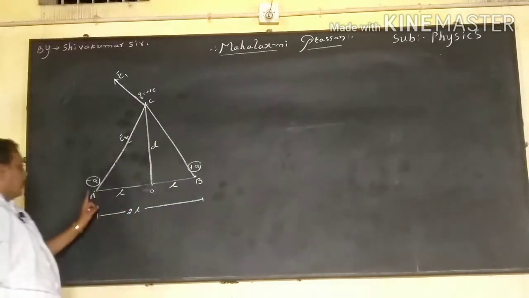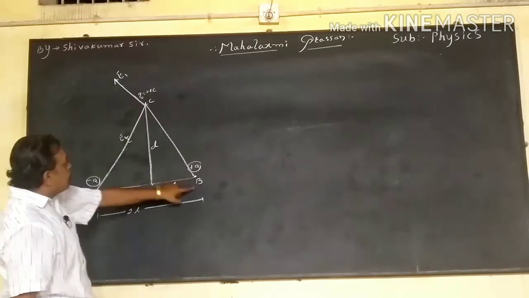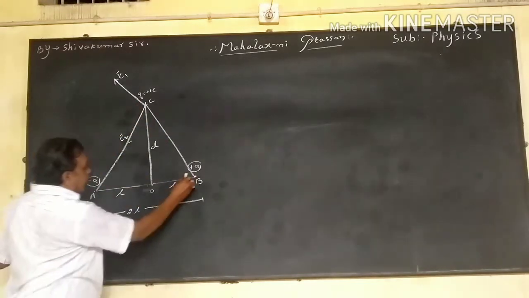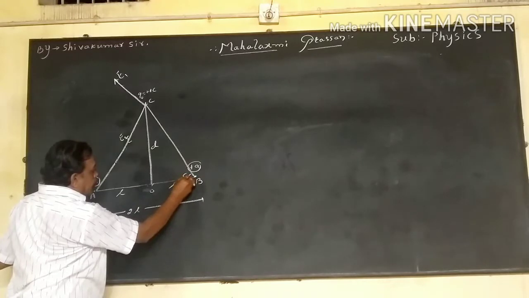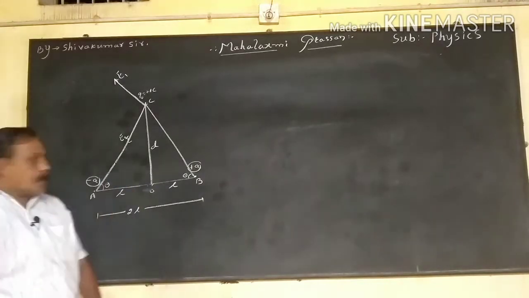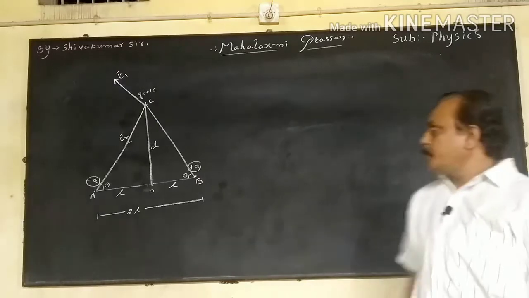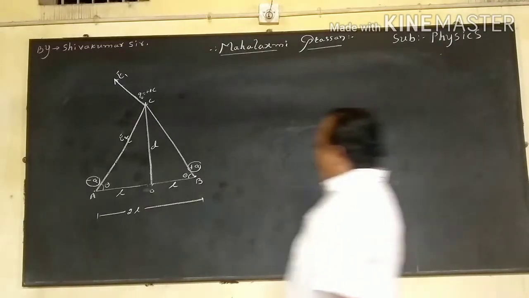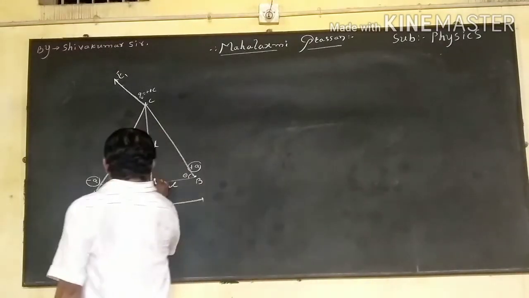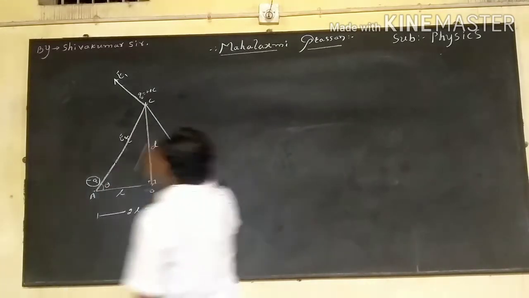When I join the charge minus q and the test charge q naught, and plus q and the test charge q naught, it makes an angle. Now this is theta. Theta is the angle made by each line joining the test charge and the source charges plus q and minus q of the dipole. Then from the Pythagoras theorem, these two are at equal distance, AB equals BC.